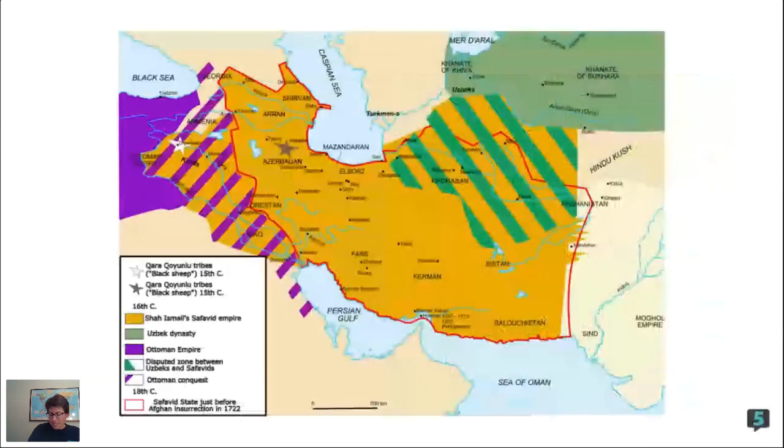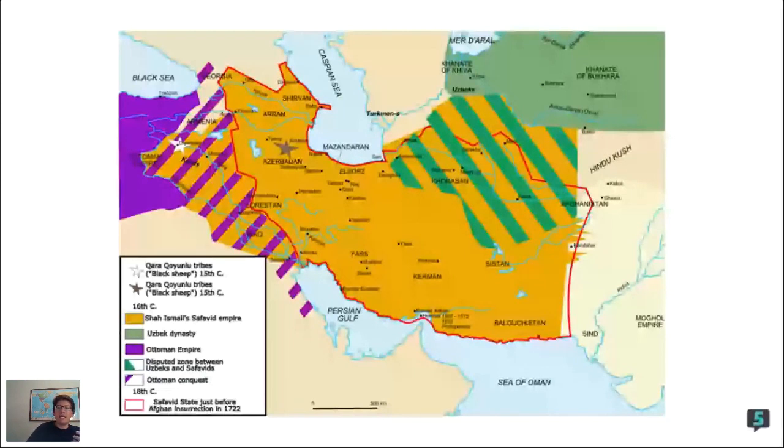Within the growth of these states, and this is a good map, we'll return to it later, showing the Safavid Empire in Iran, and you can see on either side of it are other empires and other regions. So naturally, as empires grow, we're going to see conflict arise.